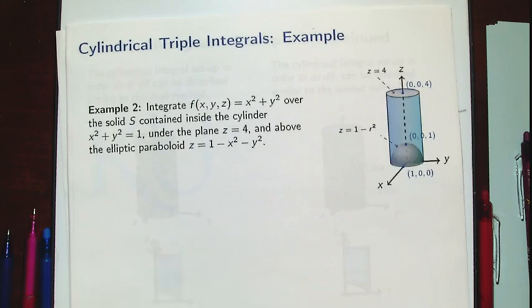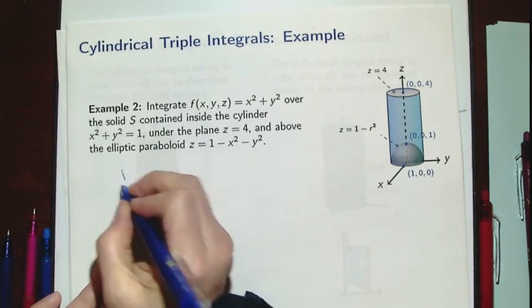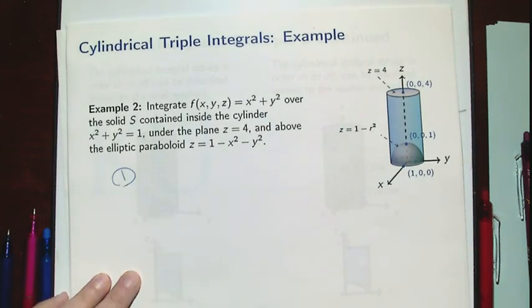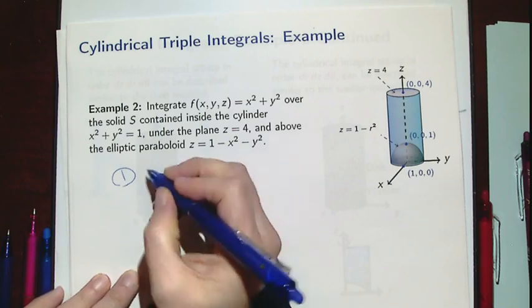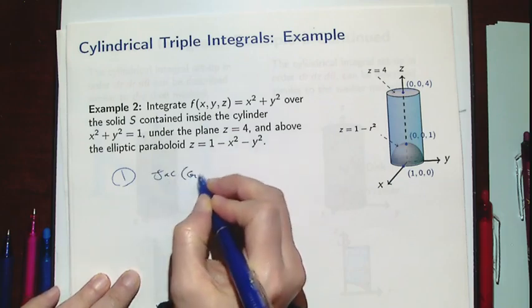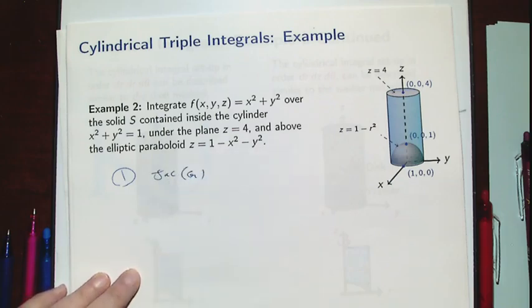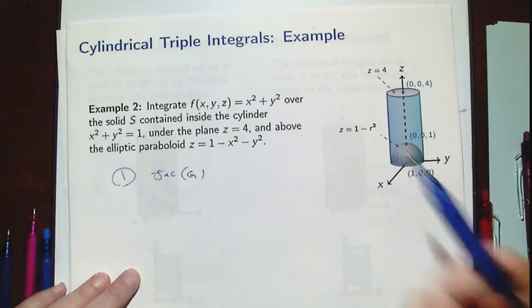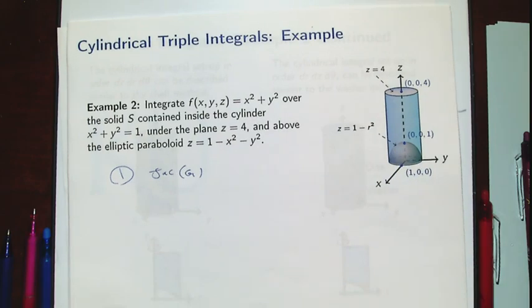Okay, so what are the steps? Step one, what is your Jacobian? Oh no, step one, should I use cylindrical or spherical here? Look at this, I see a lot of x squared plus y squared. Does everybody see that?